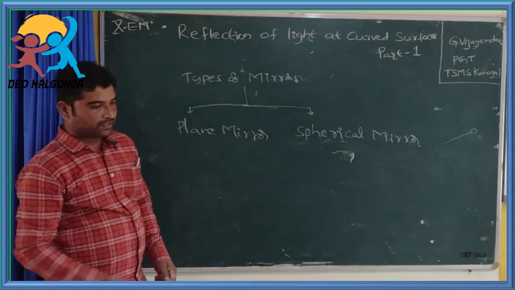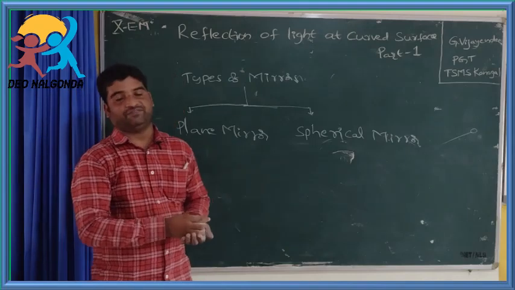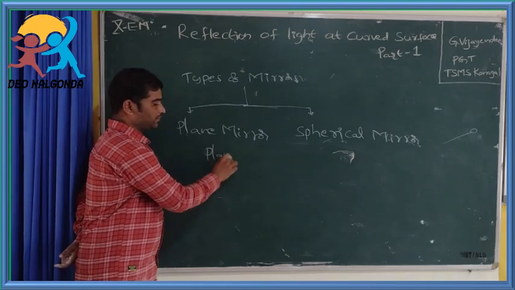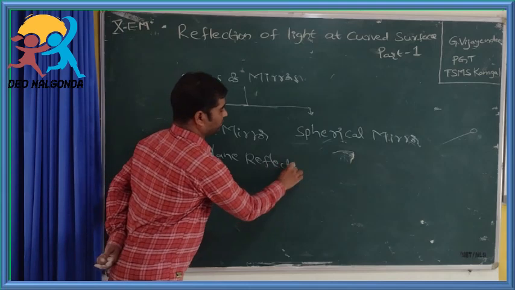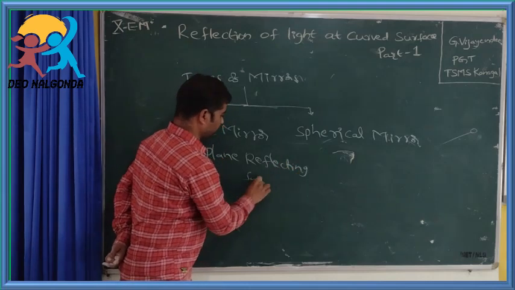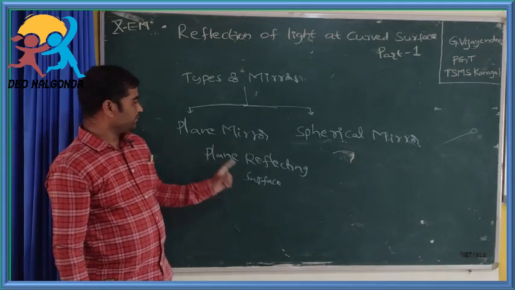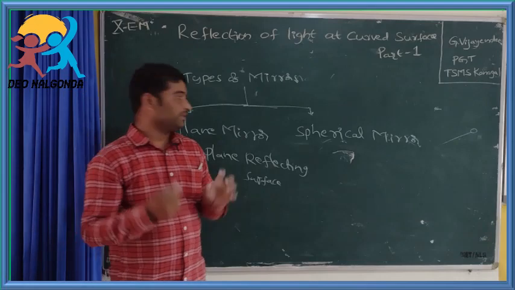Plane mirror is the mirror which has a plane reflecting surface. The mirror which has a plane reflecting surface is called a plane mirror. For example, daily we see our image in the mirror.